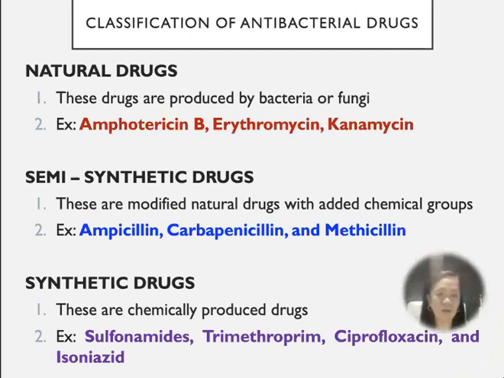Examples are your amphotericin and your erythromycin. And then you have synthetic drugs. These are chemically produced drugs, meaning we create them in the laboratories. This includes your trimethoprim, ciprofloxacin, isoniazid.